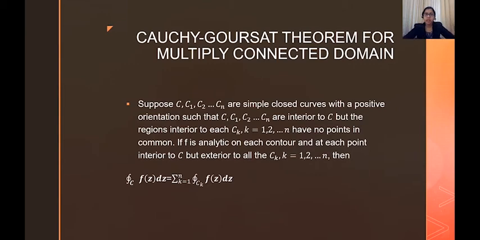Just now we were given a single contour, and to evaluate over it we used a contour inside that region. Suppose we are given a domain with multiple points where the function is not analytic, like in the example just now, where we had just a single point, z = 1, that was the only point where the function is not analytic.